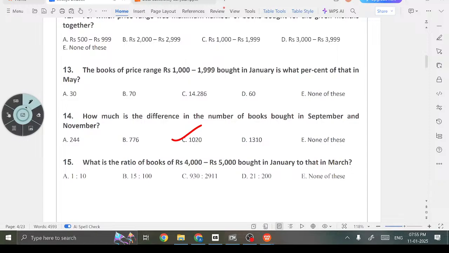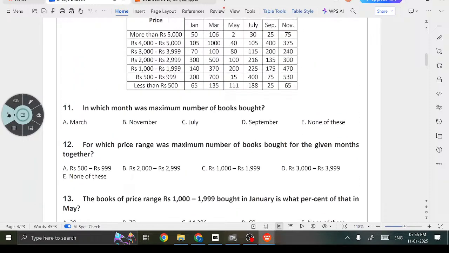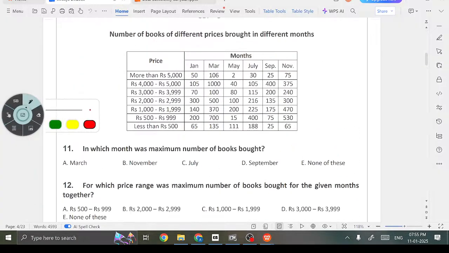1020. Now, what is the ratio of books of rupees 4,000 to 5,000 bought in January to that of March? So in 4,000 to 5,000, I want the ratio between January and March. So 105 is to 1,000.